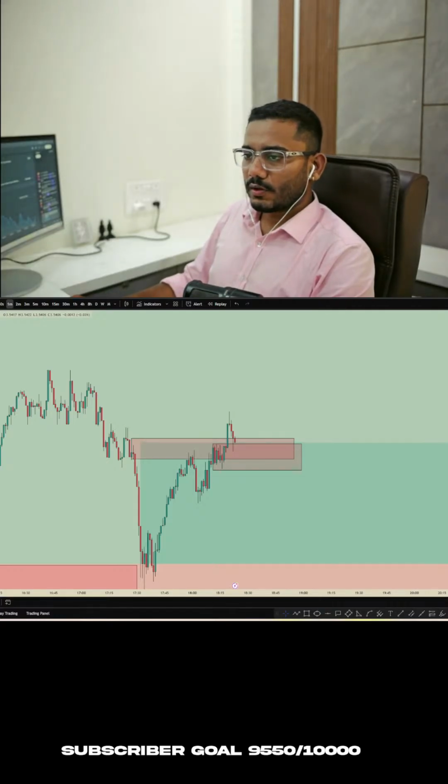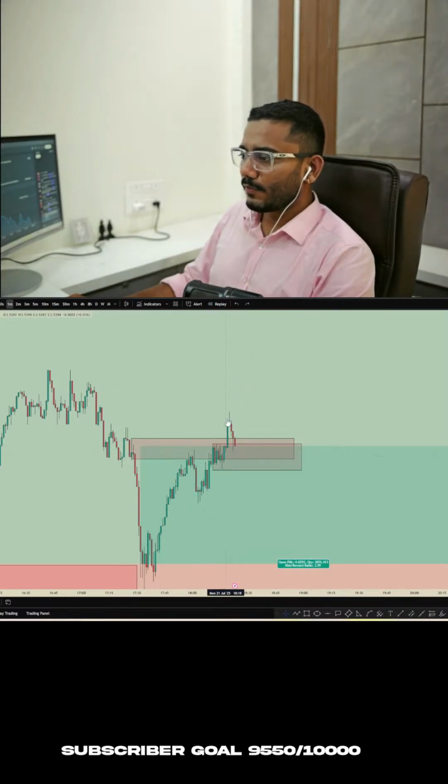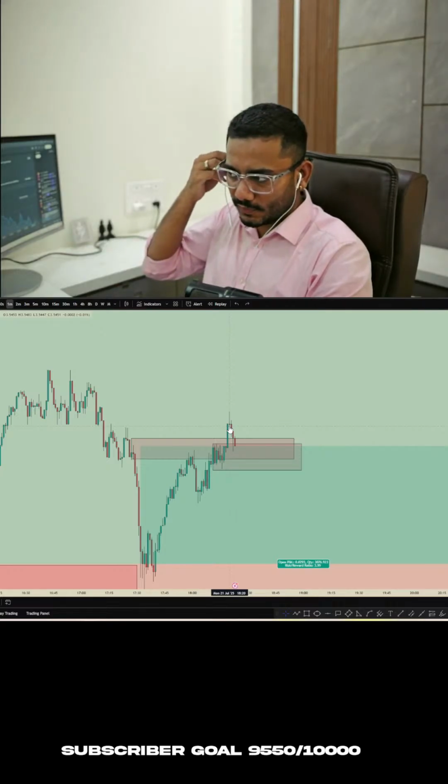We can also look for continuation trades to the upside. But here price has not created liquidity at this order block. We need to see a new leg start from here, or at least a liquidity sweep. At least it should sweep some kind of candle.